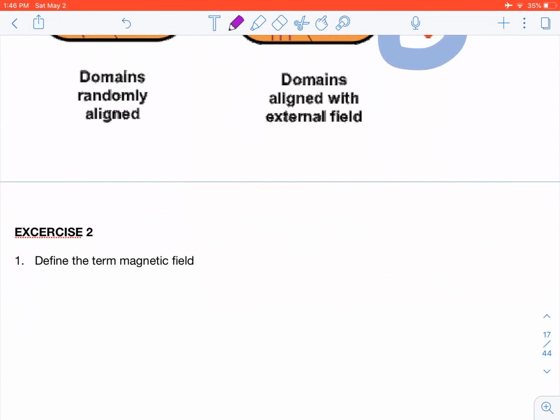Now let's look at an exercise. Define the term magnetic field. What's a magnetic field?